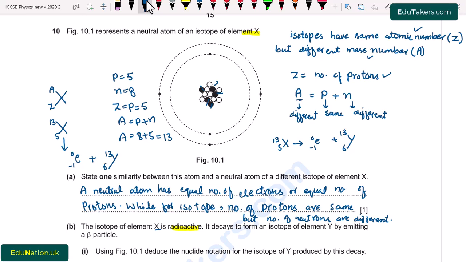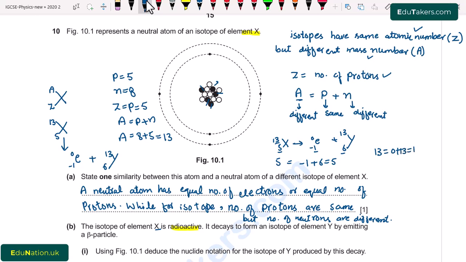First of all, we check the atomic number. Here it is 5, and it is equal to minus 1 plus 6, and it becomes 5. So the atomic number on both sides is the same. We also want to check the atomic mass or mass number. It is 13, which will be equal to 0 plus 13.